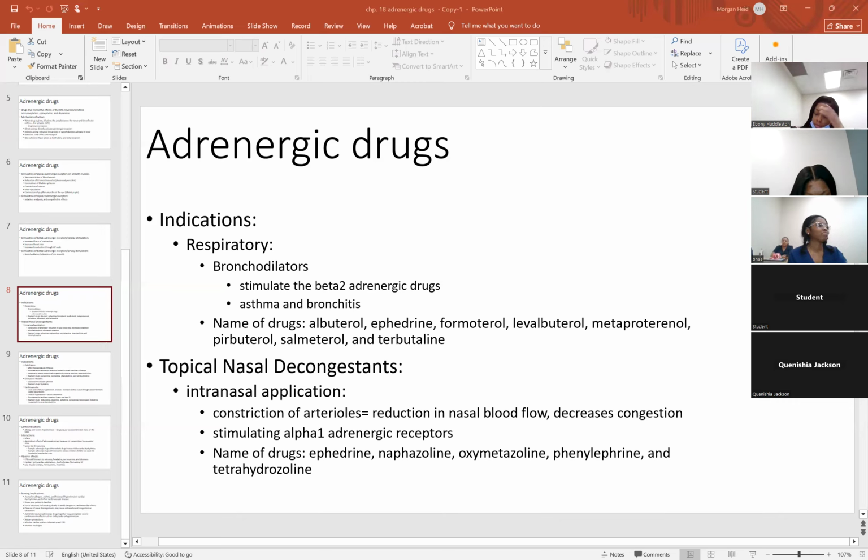Okay. Same with the nasal decongestant, right? However, in this case, it's going to do the vasoconstriction in the nose. Okay, so we're turning on aspects in different places with these medications to turn on specific parts of the sympathetic nervous system to help with disease processes. Okay. Does that help?